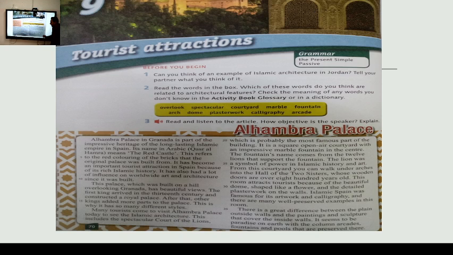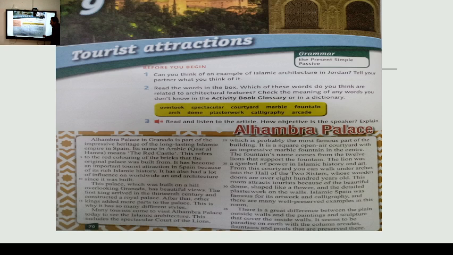Islamic Spain was famous for its artwork and calligraphy, and there are many well-preserved examples in this room. Inside the room, you are about to see many examples of how Islamic Spain was famous because of the artwork, the masterpieces, and different styles of art, like calligraphy, artwork, and buildings.